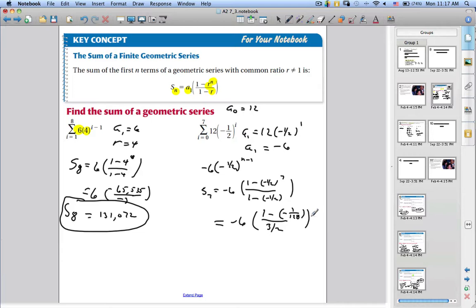Complicated, right? But minus a minus becomes a plus, so I'm going to have negative 6 times the numerator, which is 129 over 128. And I'm dividing by 3/2, so I'm going to invert and multiply. And this is what I'll get.